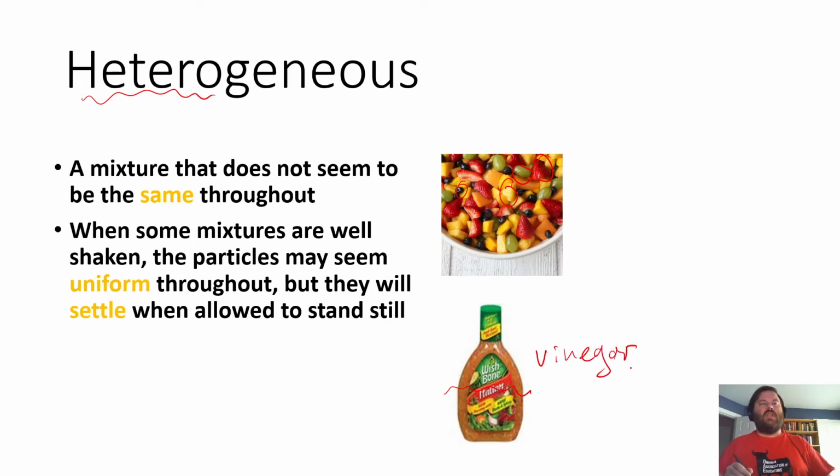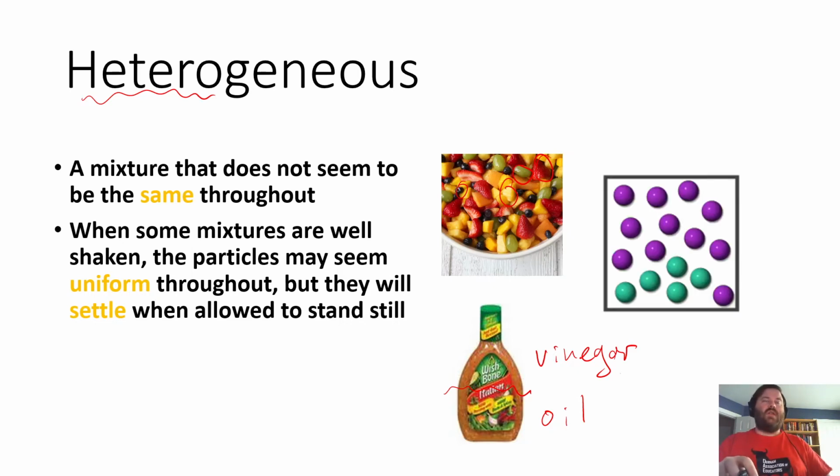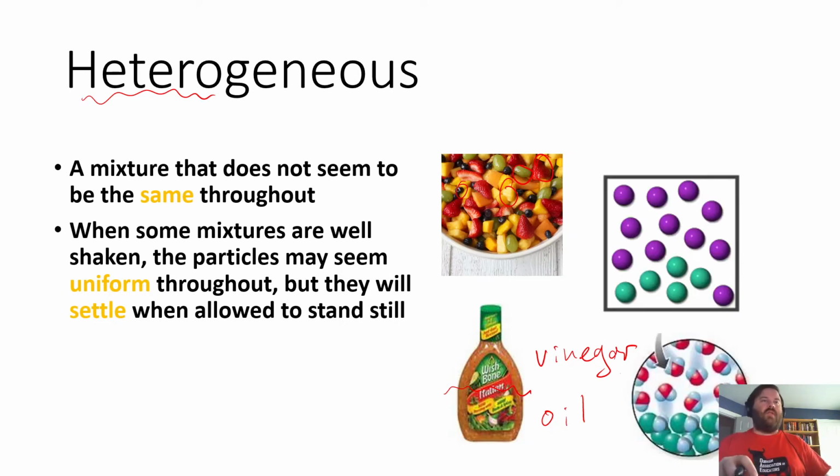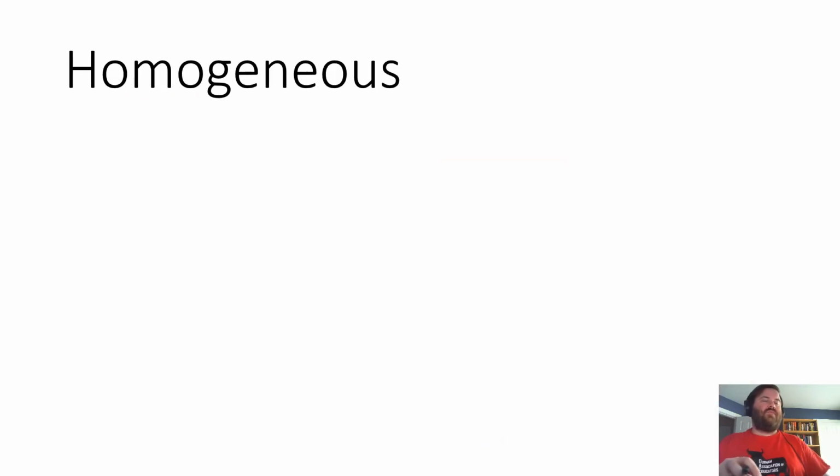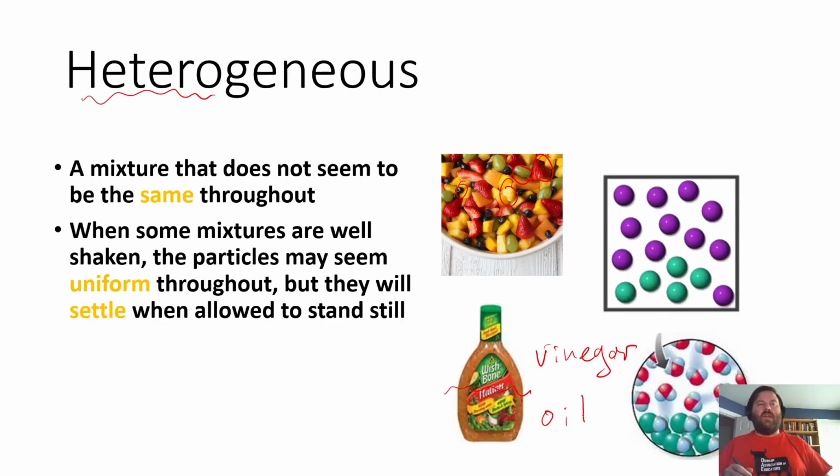Vinegar will usually be the top layer, and then oil will be on the bottom. Okay, and so it will become heterogeneous even though it seems homogeneous when you've mixed it up together. There are some pictures that illustrate that. And the reason it does this, by the way, is because the oil is literally heavier than the vinegar, which is mostly water.